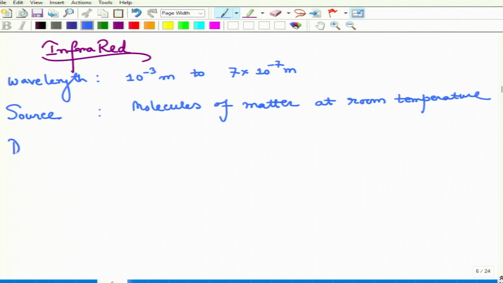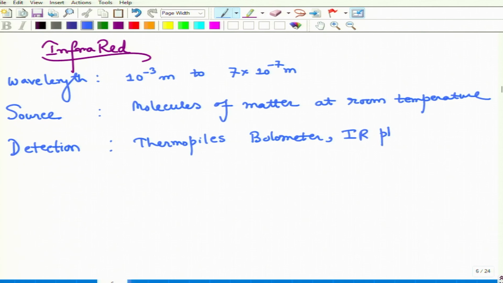Okay, by which can we detect it? That is thermopile, bolometer, or IR photographic film. That is the detection.